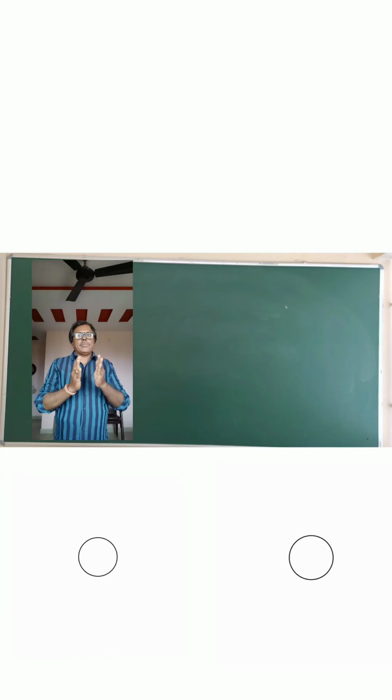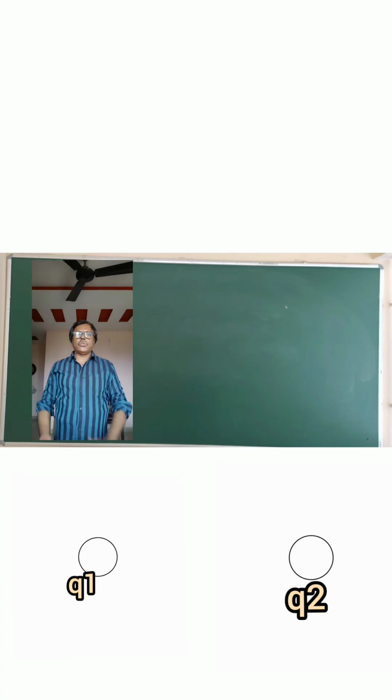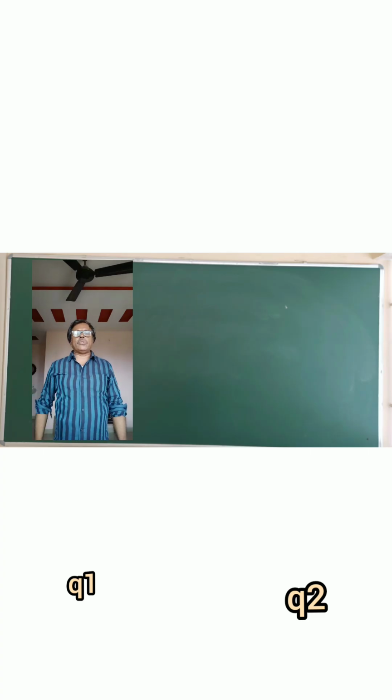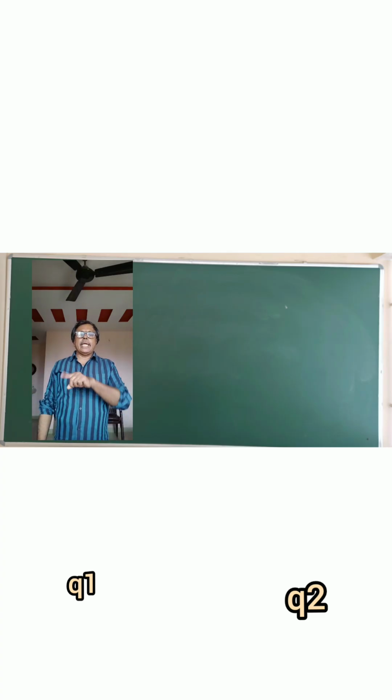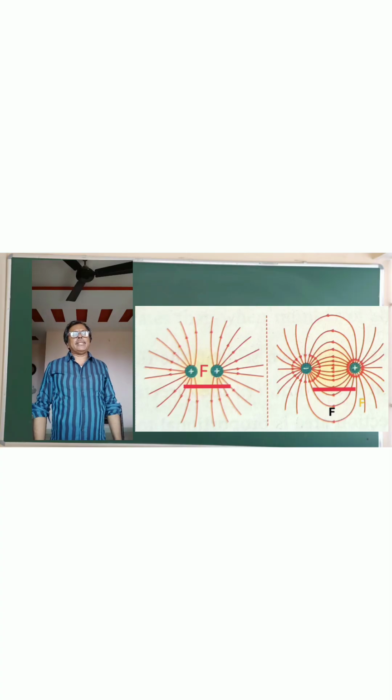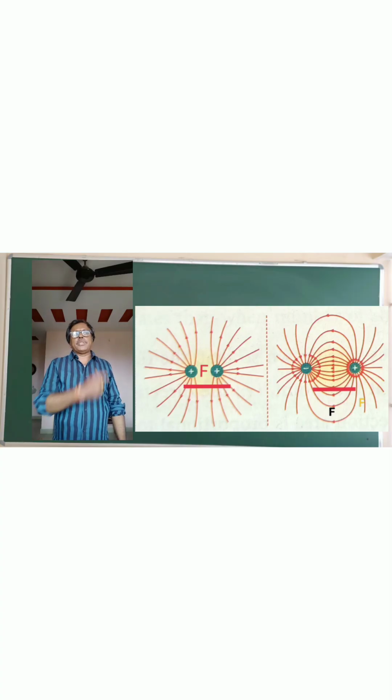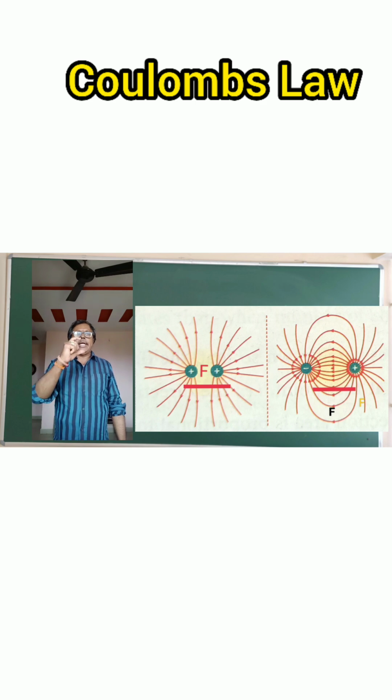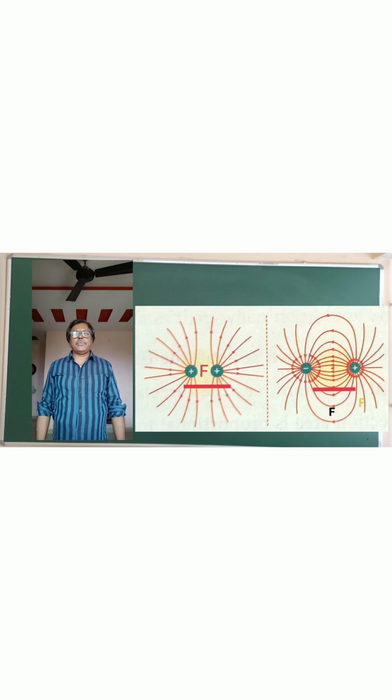Suppose there are two charges Q1 and Q2, which may be either positive or negative. The force of attraction or repulsion between these two charges can be determined by using Coulomb's law.